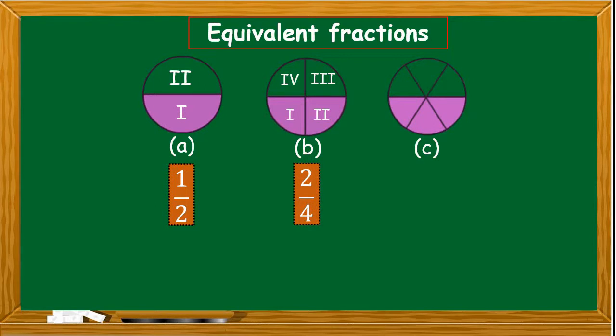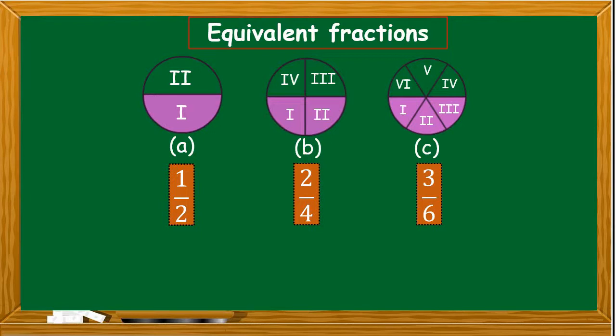And circle C has been divided into 6 equal parts, and out of 6 equal parts, 3 parts are shaded. Therefore, the fraction for the shaded region of circle C is 3 upon 6.